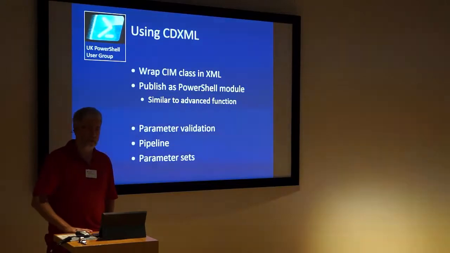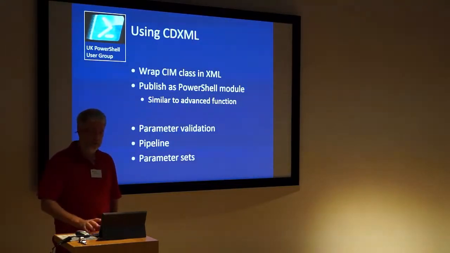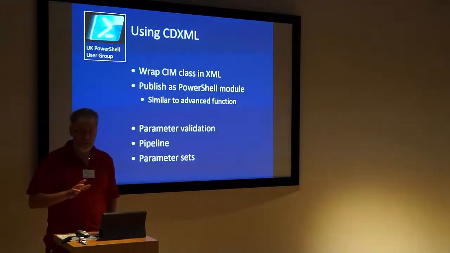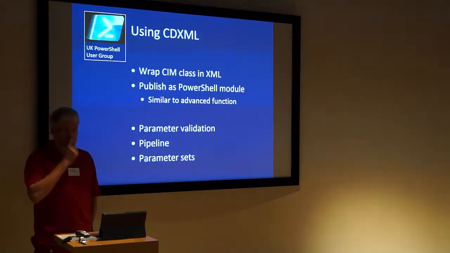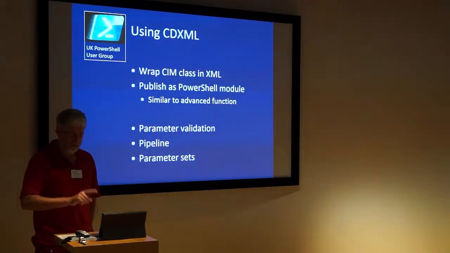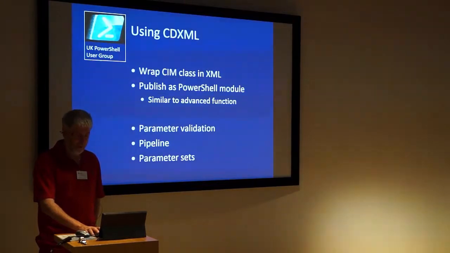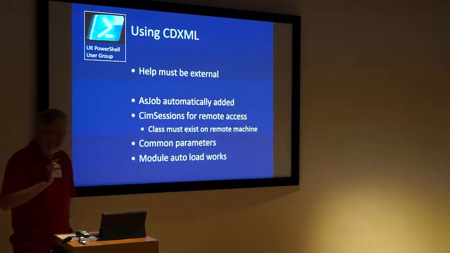Almost anything you can do in an advanced function, you can do in one of these. Syntax is very slightly different, but it's all logical and it all works. I said almost because I can't remember tripping over anything, but I haven't tried everything, so I can't guarantee that everything works.